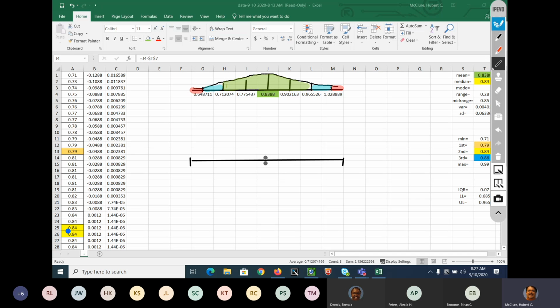Okay, so here's my number in the middle, my mid-range. So equals the mid-range. And this is going to be the min. And this is going to be the max.